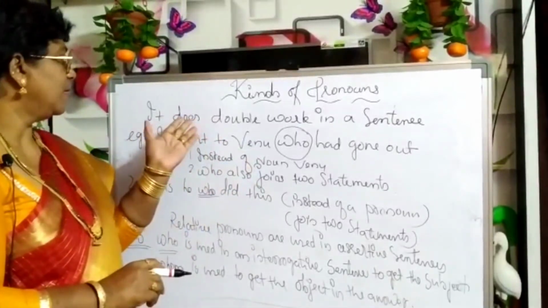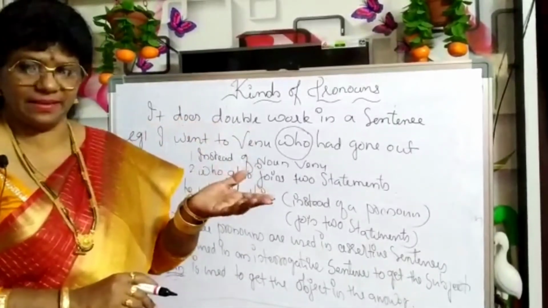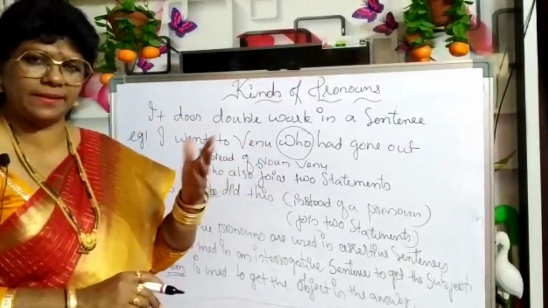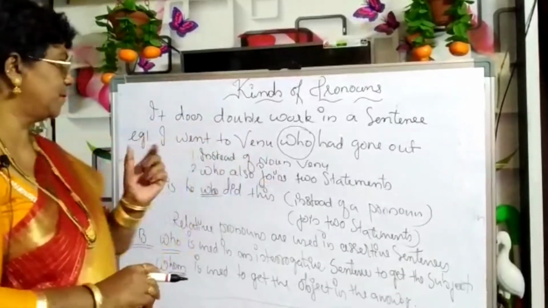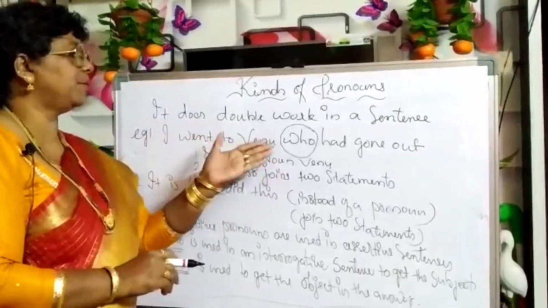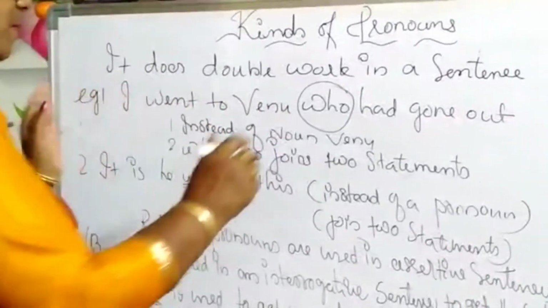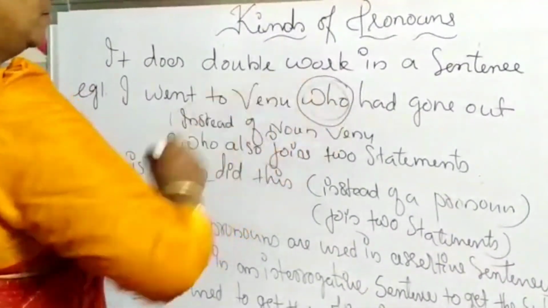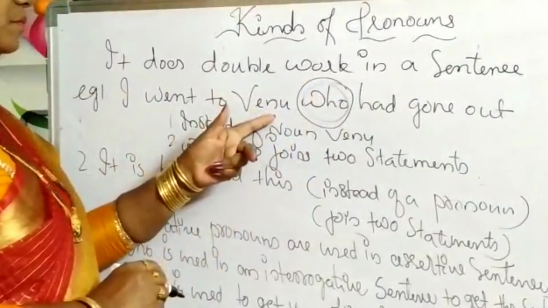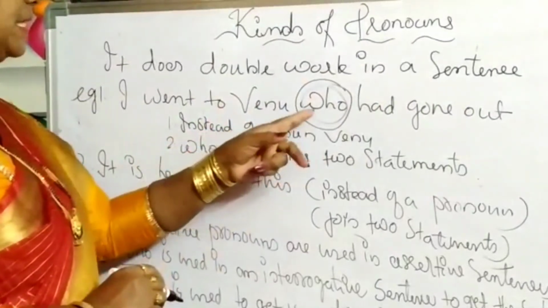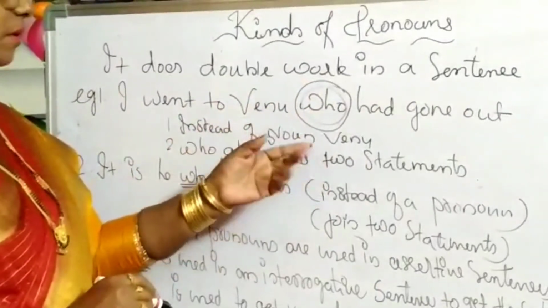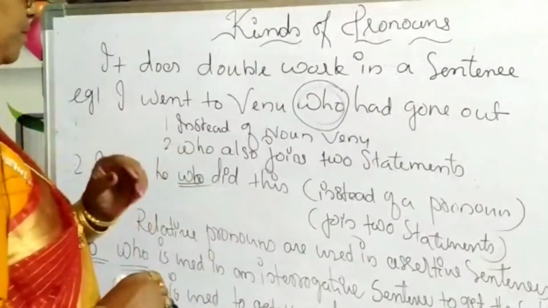So, it does double work in a sentence. What does it do? Relative pronouns. I went to Venu who had gone out. Here, who stands for Venu. So, instead of the noun, as a pronoun, we have used who here.